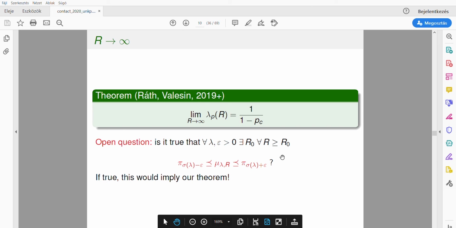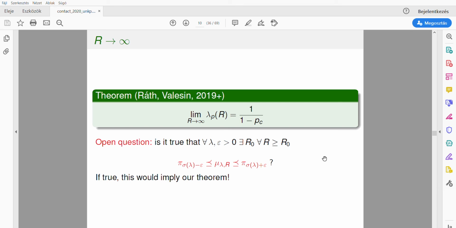But still, I wanted to stress that this open question is out there. The open question is: if the range is big enough, can you sandwich your upper invariant measure in between Bernoulli product measures whose densities are quite close to each other?